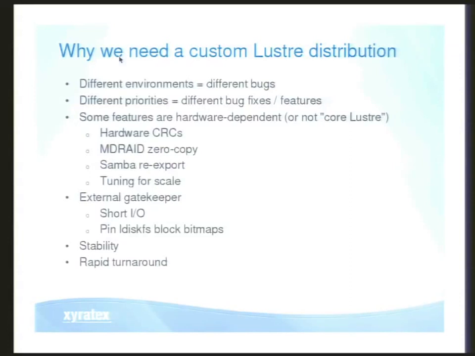And then finally, we have to have our own distribution in order to have our speed of turnaround. We need to be able to react to specific situations in a rapid manner. During the Blue Waters deployment, we had people around the world working 24/7 for 2 weeks straight, getting metadata issues sorted out, and we have to have our own tree in order to update and release those to our customers.